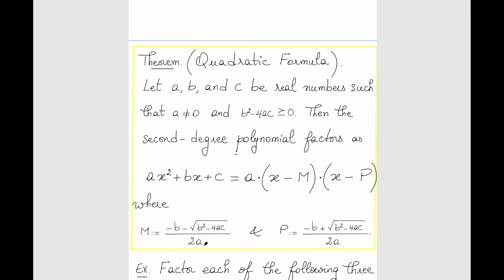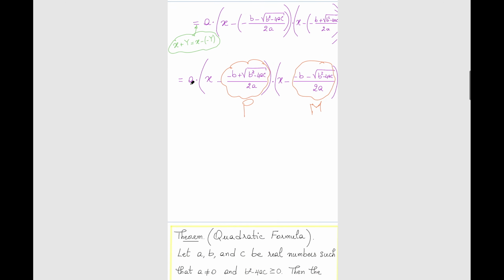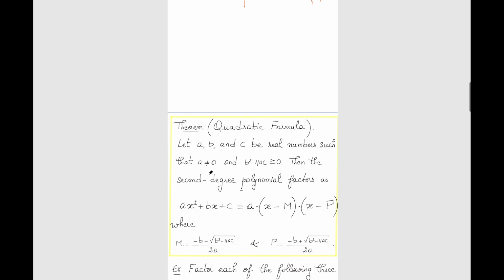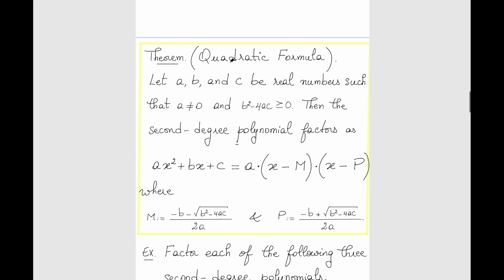This is just recording the result. ax squared plus bx plus c is equal to a times x minus m times x minus p, where m is this and p is that, right? So it's a times x minus p times x minus m, but x minus p times x minus m is the same as x minus m times x minus p, as we said in the formula, right? All right, so this boxed result is the quadratic formula.